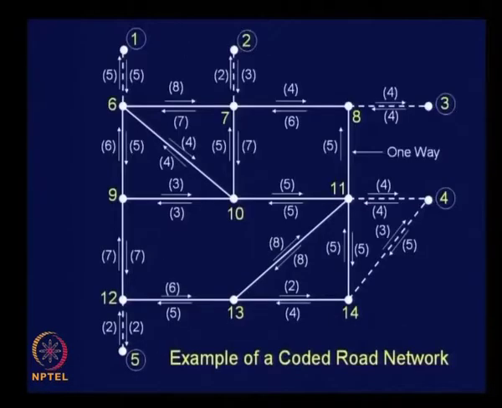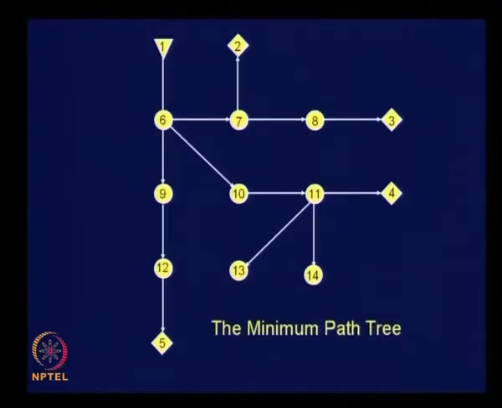If you just look, we have 13 links in the road network and 6 dummy links. So, totally 19 links, and 19 links have become just how many? 13. So, 6 links are not needed to reach all the nodes of interest from node 1, right.